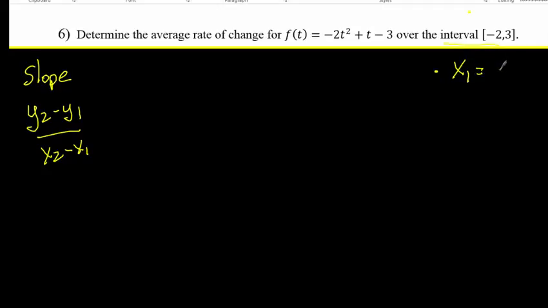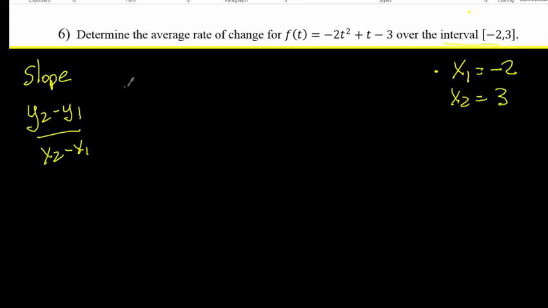All right, for number 6, determine the average rate of change. Well, I know this is asking about slope. Once I know I'm thinking about slope, I've got to do y2 minus y1 over x2 minus x1. The interval is telling me that x1 is negative 2 and x2 is 3.